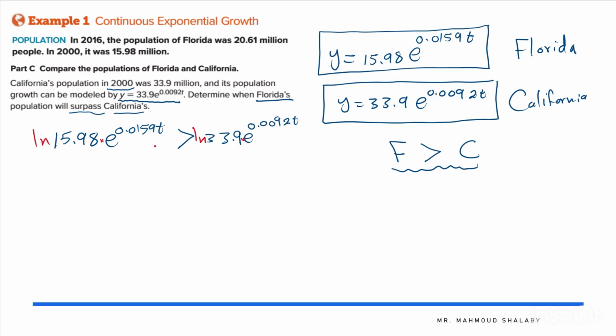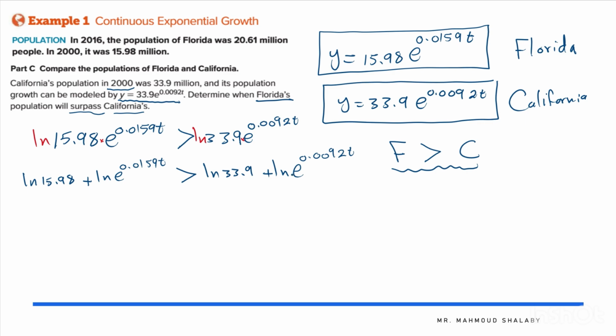So if I have ln or a log with a multiplication, I can split this into ln 15.98 plus ln e to the power of 0.0159t greater than ln 33.9 plus ln e to the power of 0.0092t. So we have used the property of the logarithms where we can split if there is a multiplication, so I can have both lns.